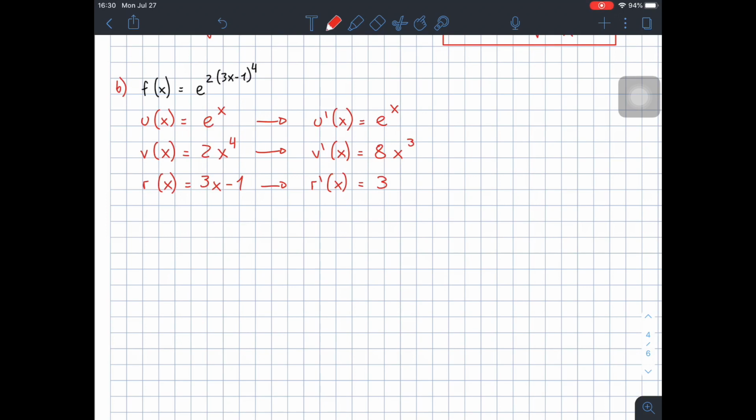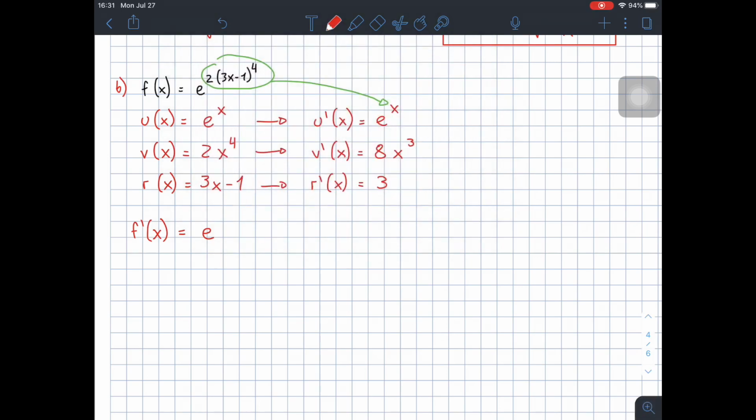So f prime of x, and pay attention here because this will prove if you really understand the concept, is the derivative of the first function remaining with all of the x's, whatever we have as x, the same as the original, right? So e to the power of, instead of writing x, we're going to write all of this. All of this is the x we need to write here.